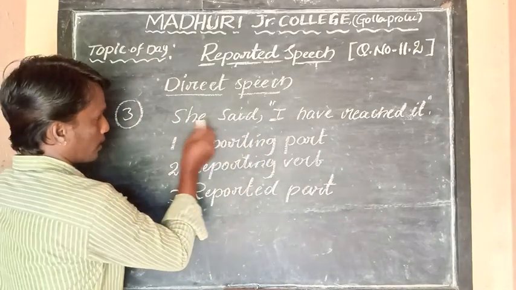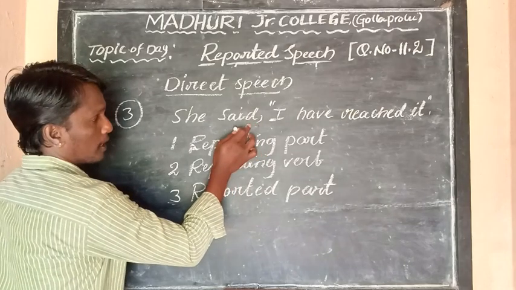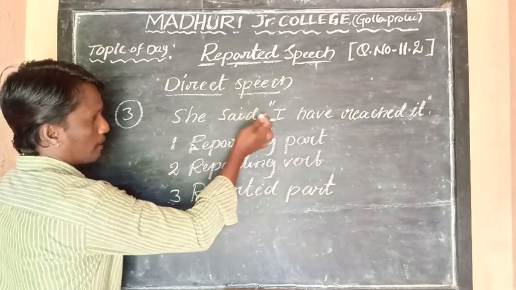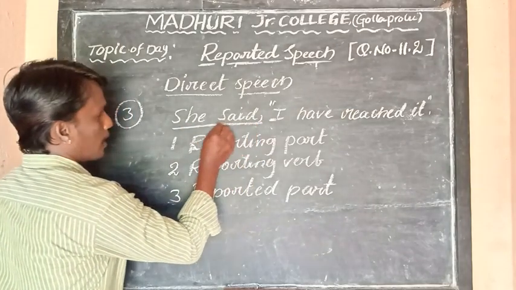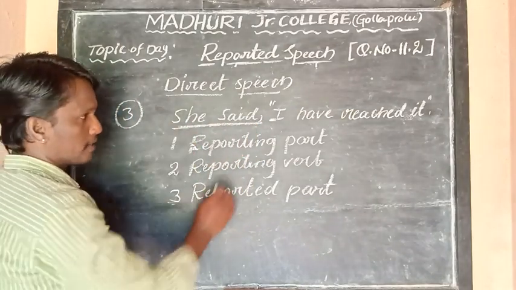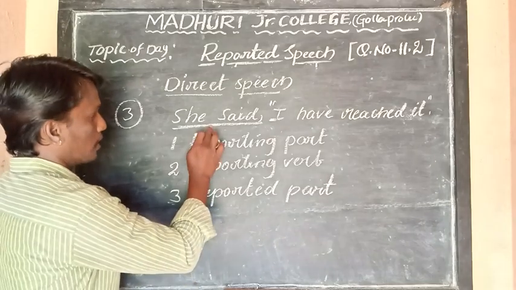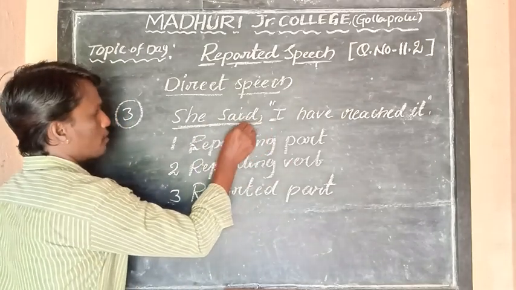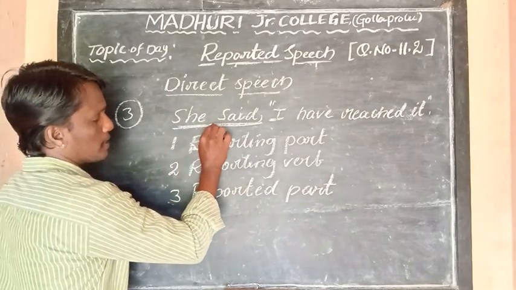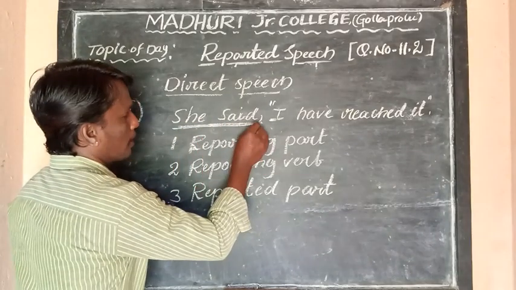See, there is a sentence before the comma. Before the inverted commas there is a sentence. Now I underlined "she said" in the given sentence. Here "she said" is a reporting part. The part which is reporting something is called reporting part.